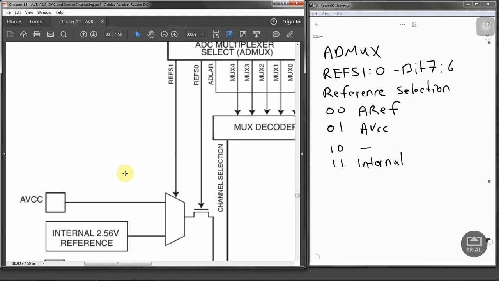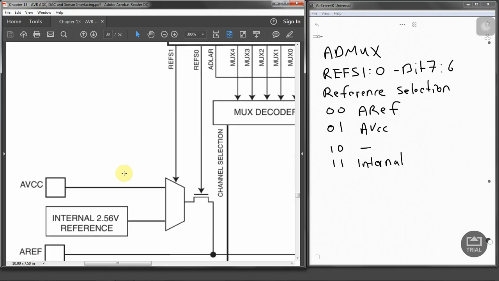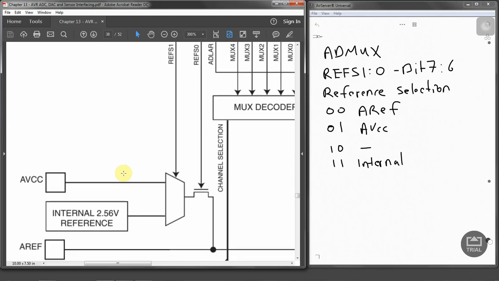And if you connect a 100 nanofarad external capacitor between the AREF pin and the ground, this will increase the precision and stability of the analog to digital conversion, especially if you want to use an internal 2.56 volt reference. These are related to the decoupling of AVCC and the AREF pins.